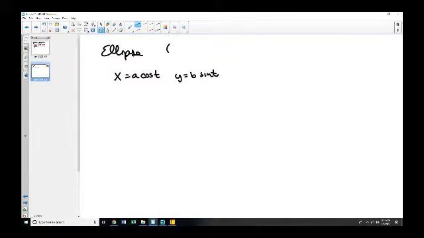No. It's centered at the origin. So like x squared over a squared plus y squared over b squared.